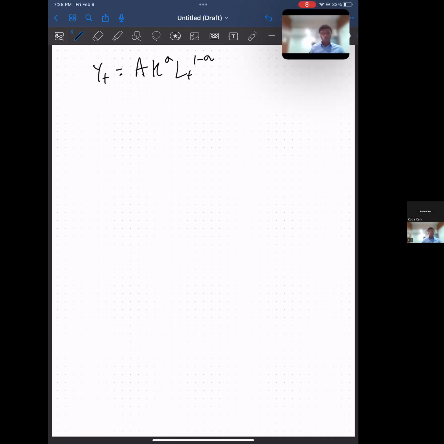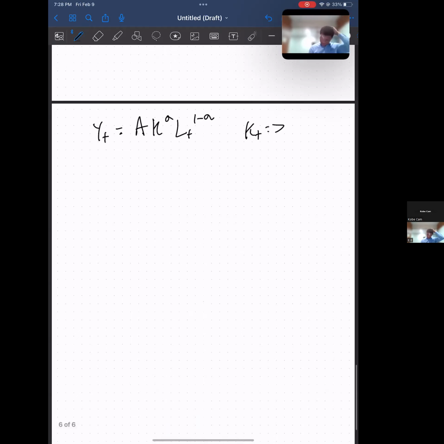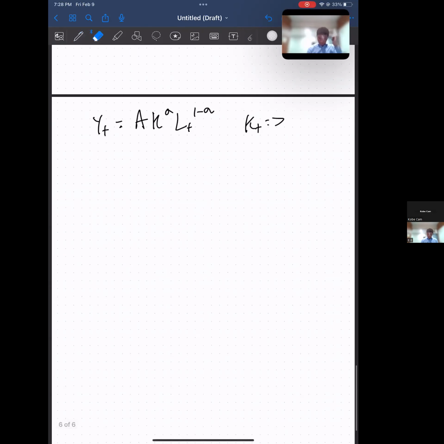Okay, so that's the equation for output. And then also we have K_t is equal to K, where K is greater than 0.